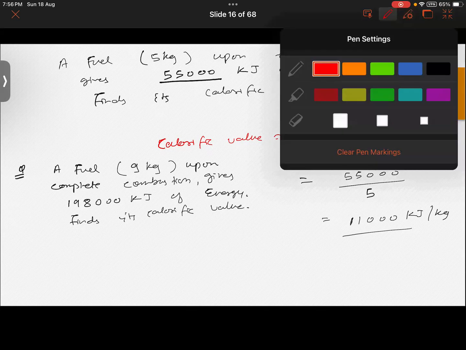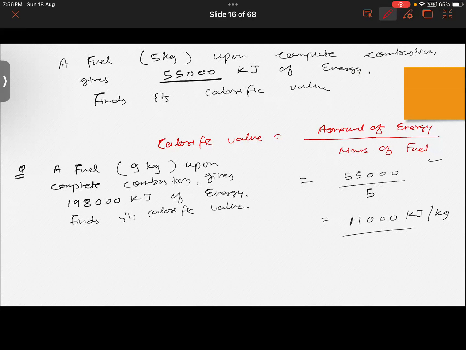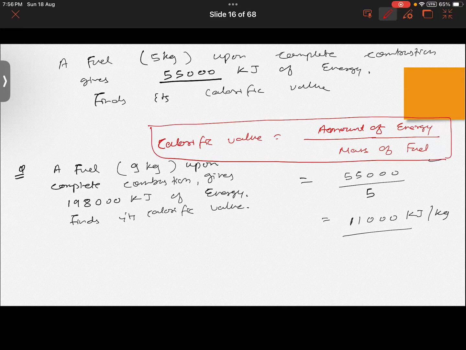You know the formula, Naeem, okay? Calorific value equals amount of energy upon mass of fuel burnt.